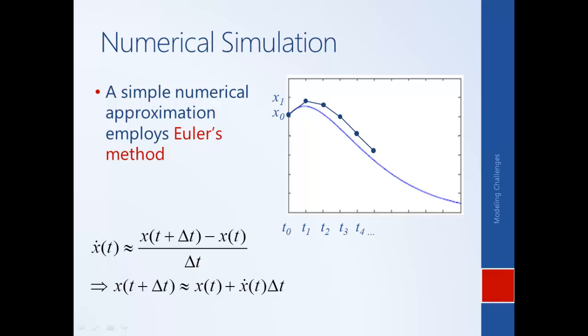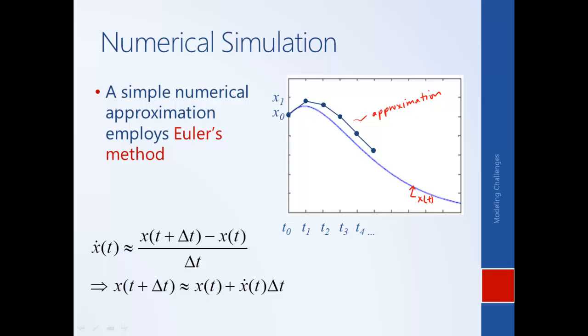Logically, you can see that the true value of x of t, which is this solid blue line, is different than the approximation. But the hope is that our approximation can be sufficiently close to be useful.